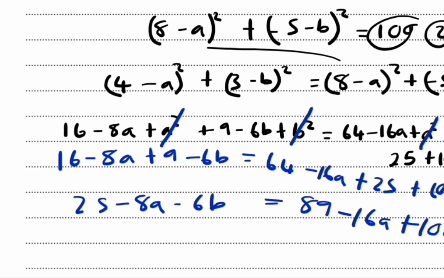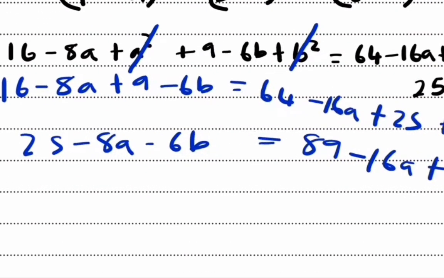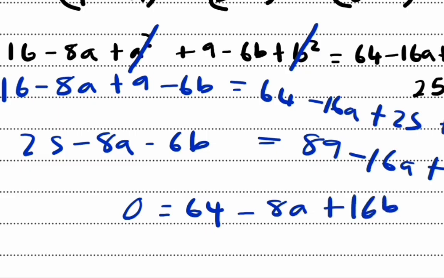Okay, so we can take everything to the right hand side. 89 minus 25, that's our 64. So 0 is equal to 64. Then minus 16a plus 8a, that's minus 8a. 10b plus 6b, that's plus 16b.